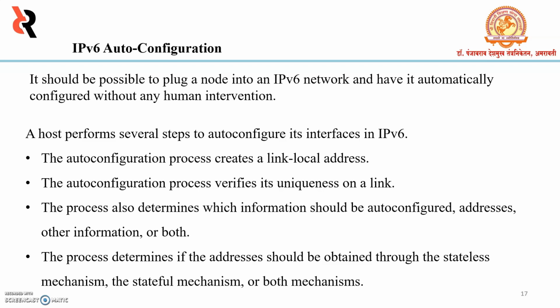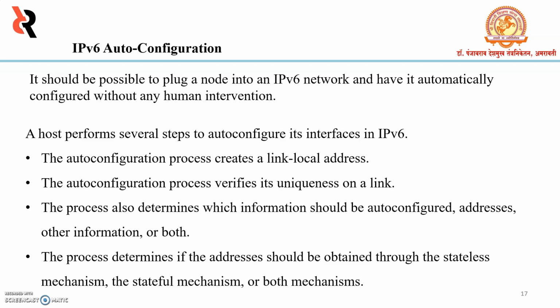As we discussed in IPv4, the hosts and routers are originally configured manually by the network manager. The Dynamic Host Configuration Protocol, that is DHCP, can be used to allocate an IP address to a host that joins the network. An IPv6 DHCP protocol can still be used to allocate an IPv6 address to a host, but a host can also configure itself.